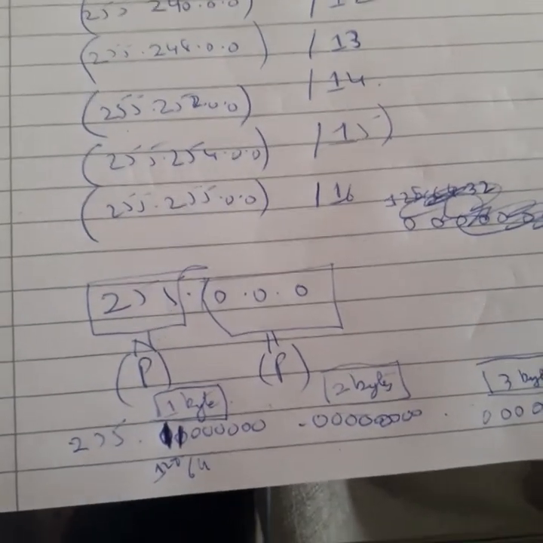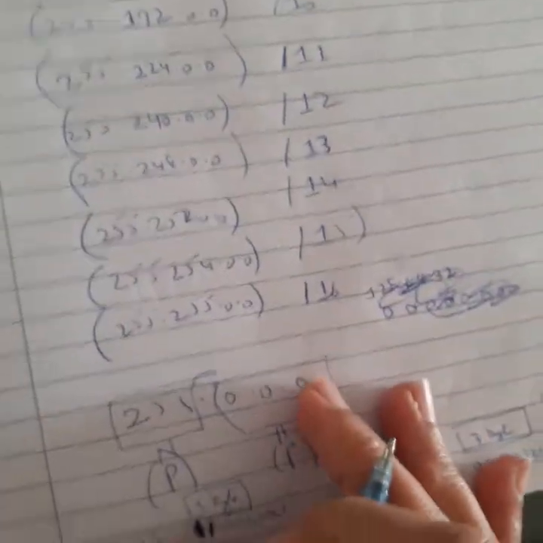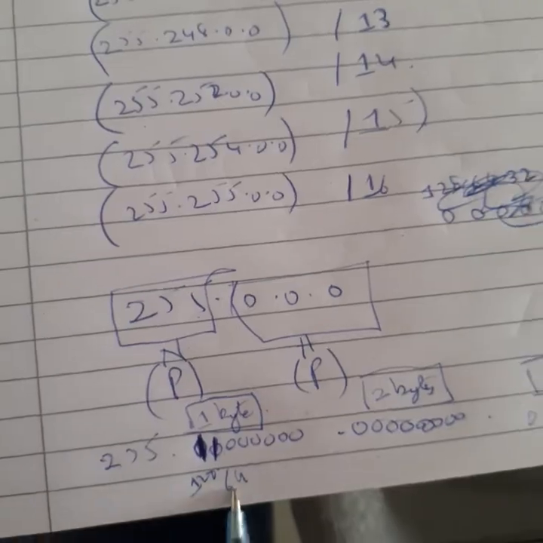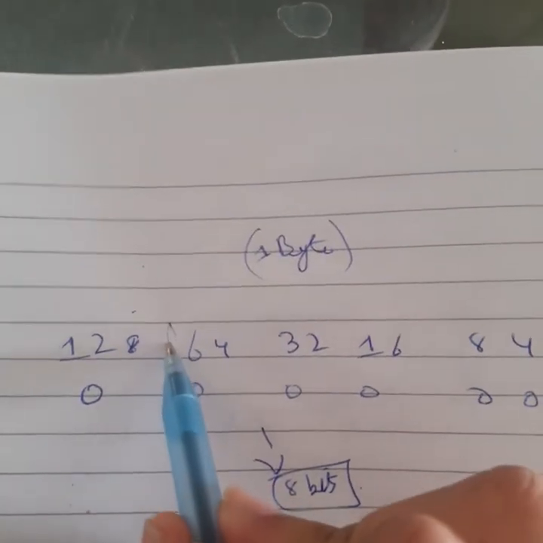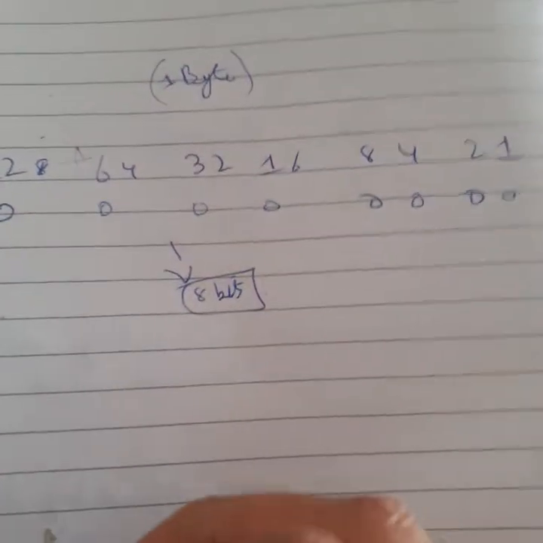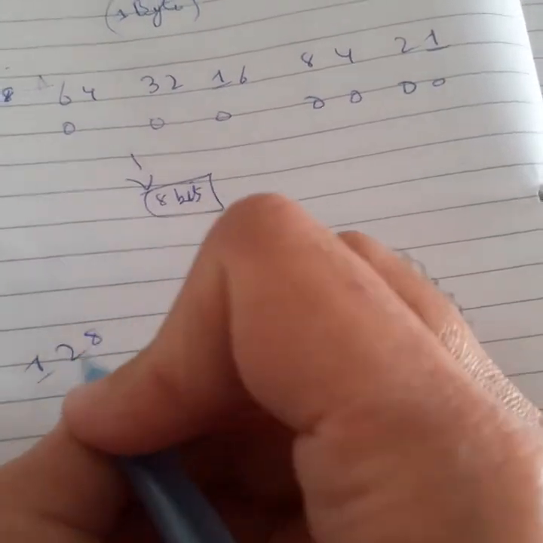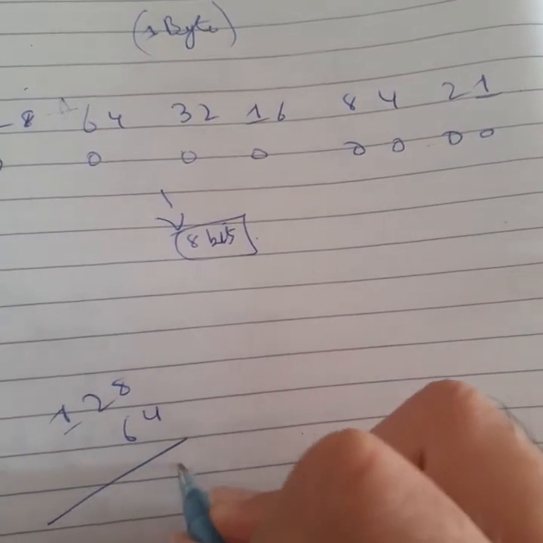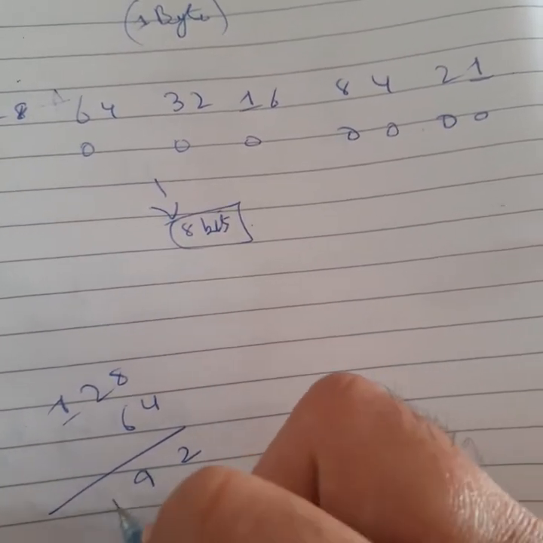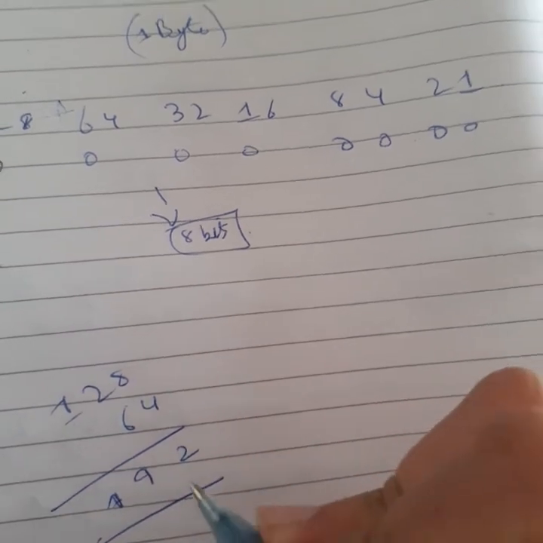Yeah. So now, what is happening here? 128 and 64. So 128 plus 64 is what? Guys and girls, 128 plus 64 is 192.